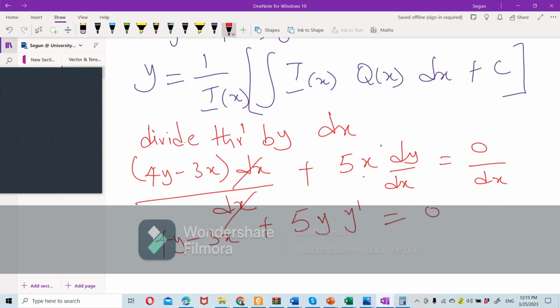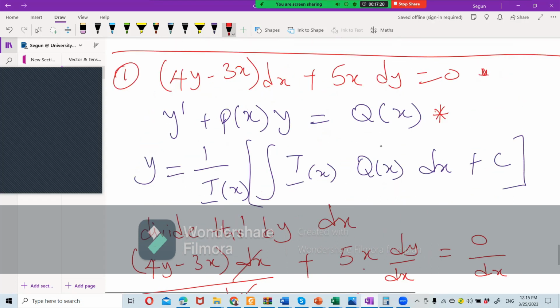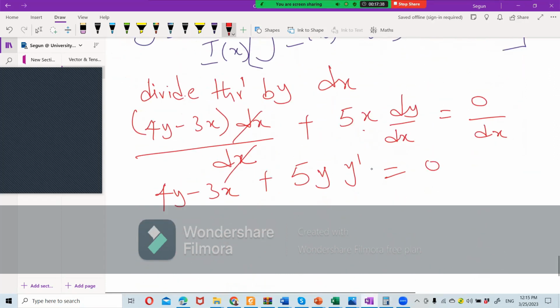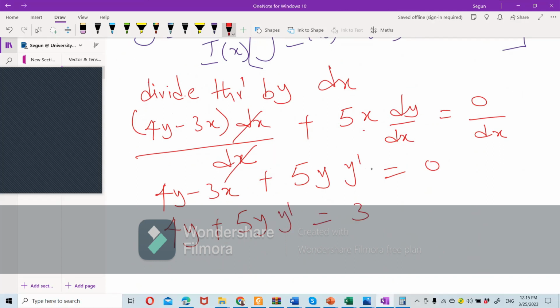So remember, at this same point, we have y prime plus p of x times y, where the p of x in this case has a coefficient of y, equals q of x. So the 3x can cross to the other side: 5x y prime plus 4y equals 3x.